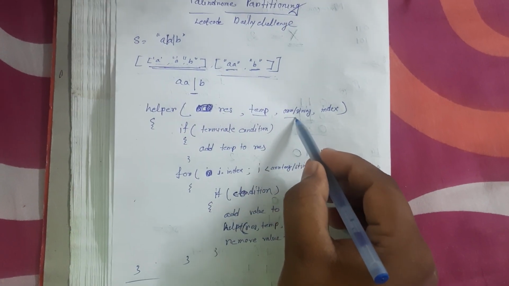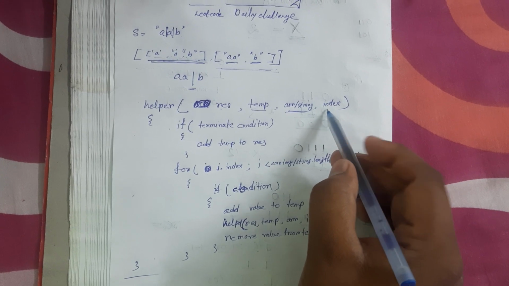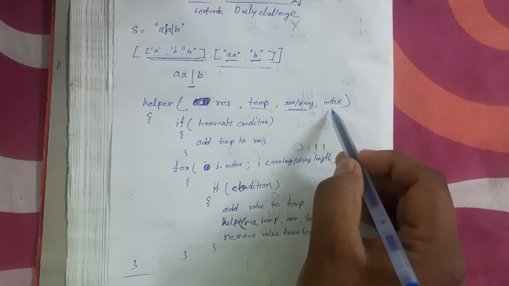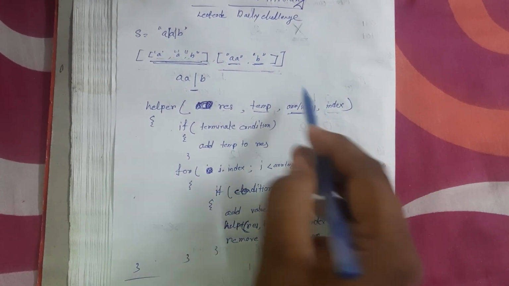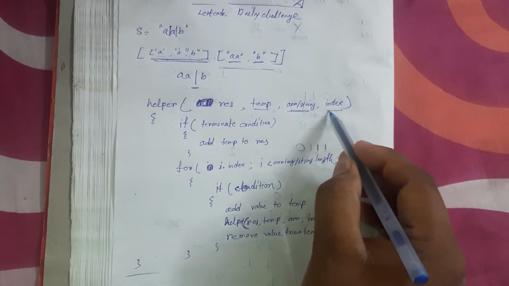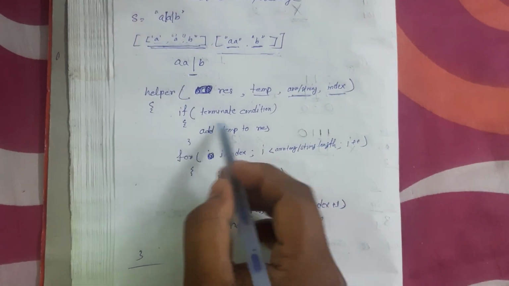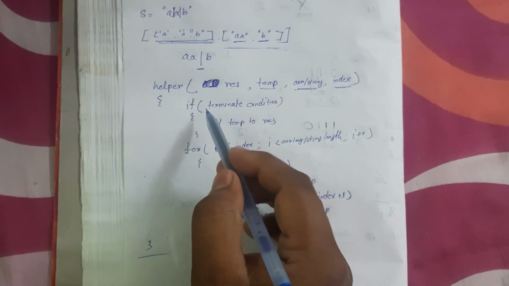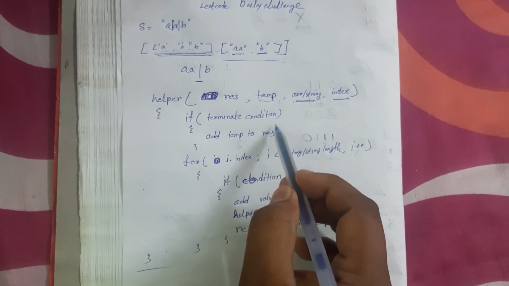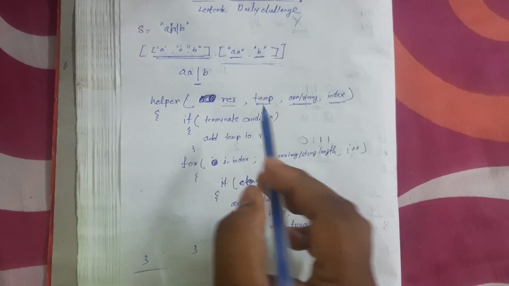Then we are given some array or string, and I will pass the index. While calling the helper function I will pass index as 0. Then there will be a certain terminating condition, and when that condition arises, I will add the temp to our result.